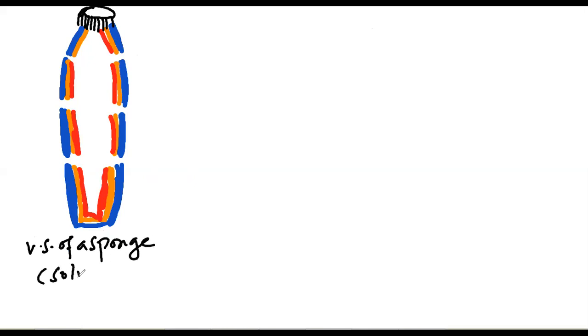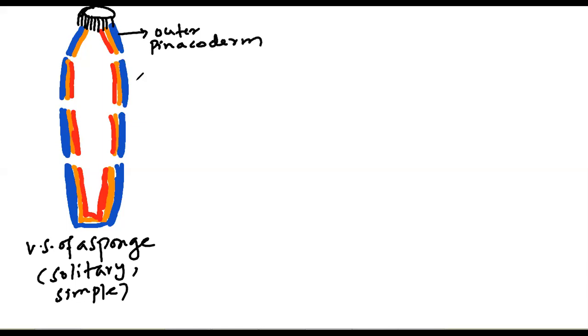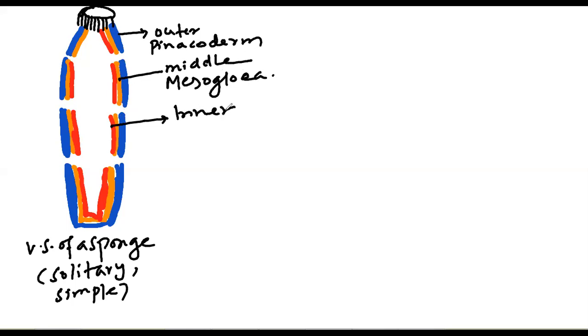In brackets you can write solitary simple sponge. Here the outer layer is the pinacoderm, the middle one is the mesoglea, and the inner is called choanoderm.